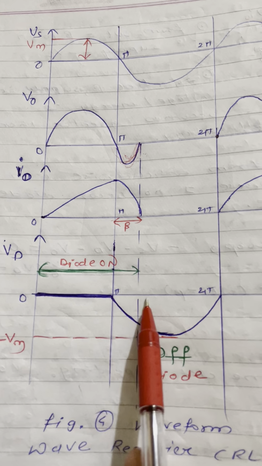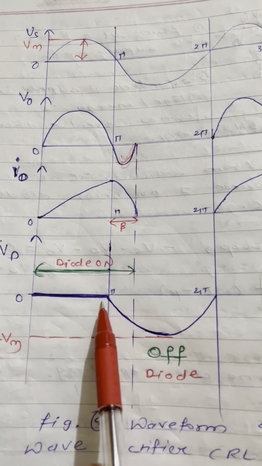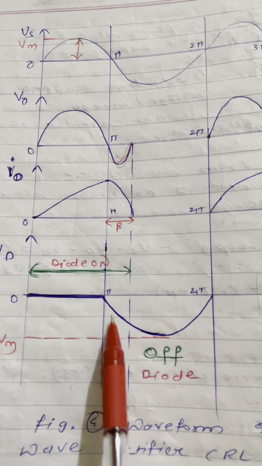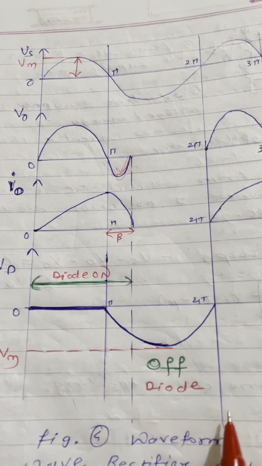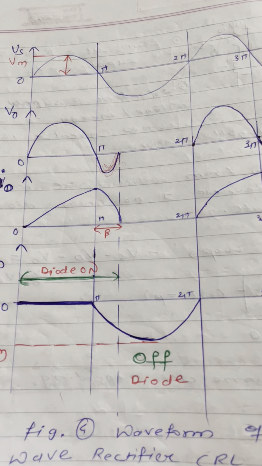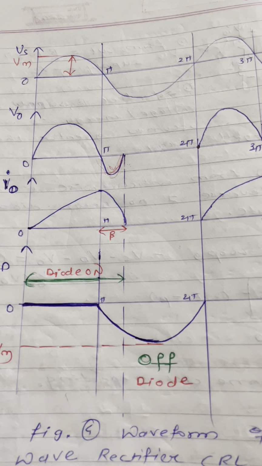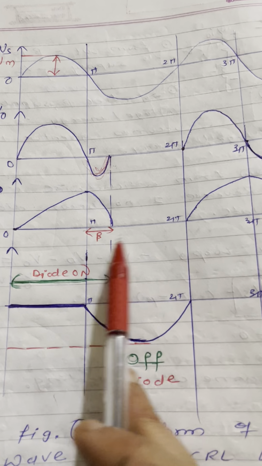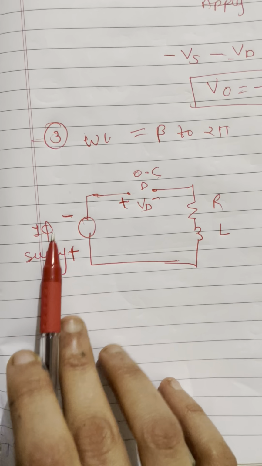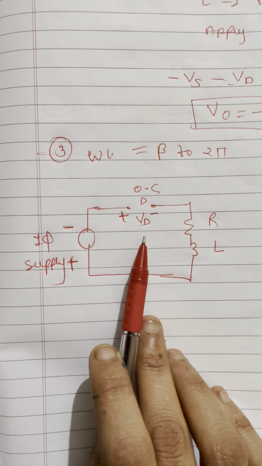And now we discuss the second case, that means pi to 2 pi, which is nothing but beta to 2 pi. What is the condition for beta to 2 pi? It is the single phase supply, and the diode acts as an open circuit.